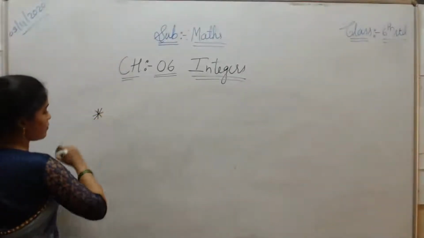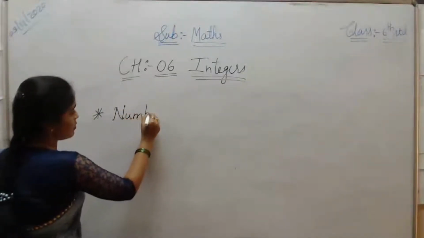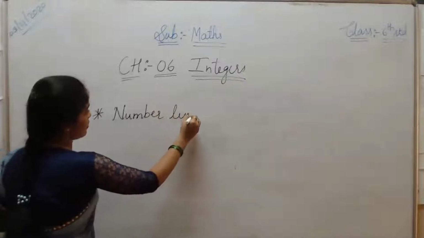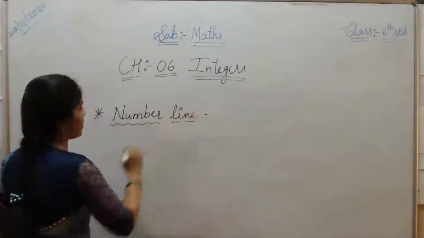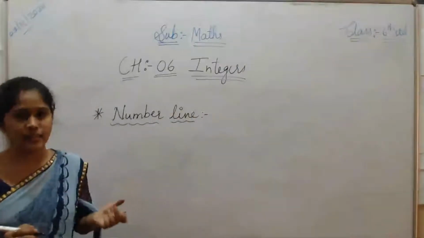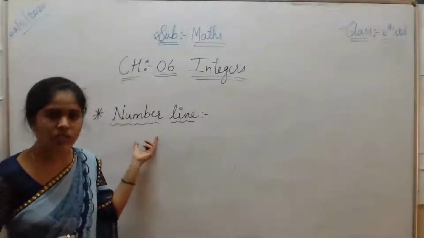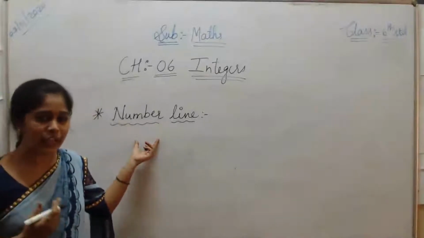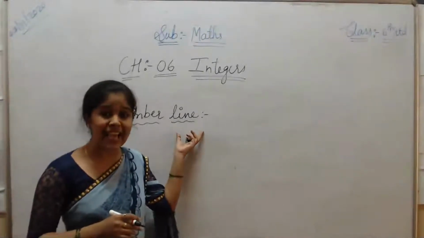Here, the number line. The name itself indicates numbers. Numbers means positive numbers, negative numbers, or zero. But what is a line?